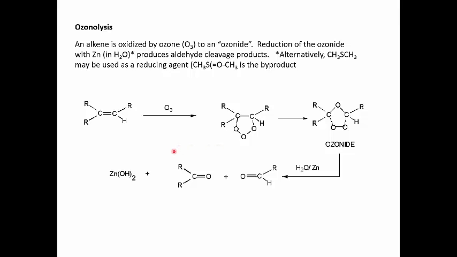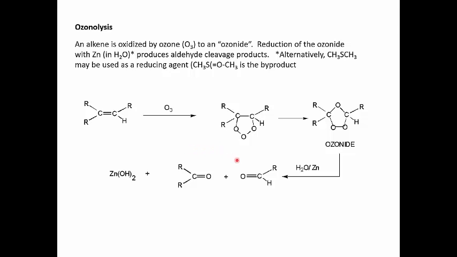The structures of these products can actually be predicted by following a similar process to what we followed when we did the hot KMnO4 oxidative cleavage reaction. This step 1, step 2, step 3 process.